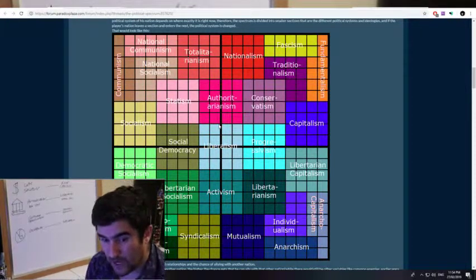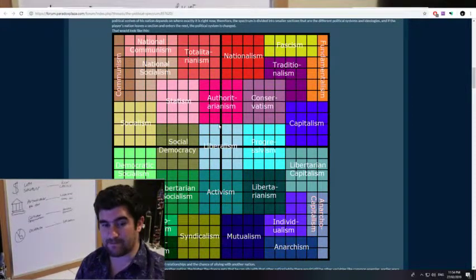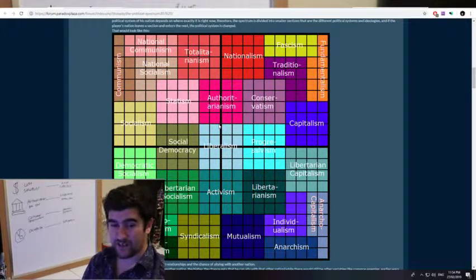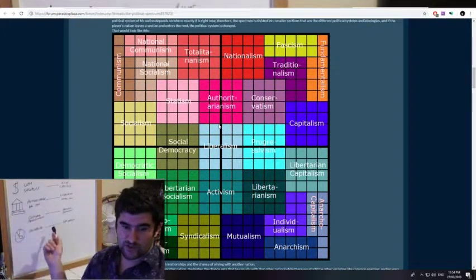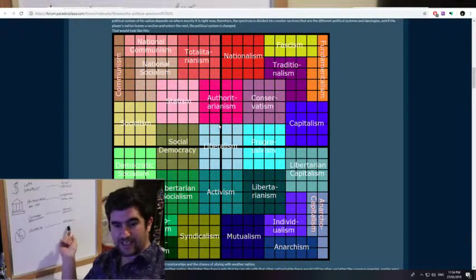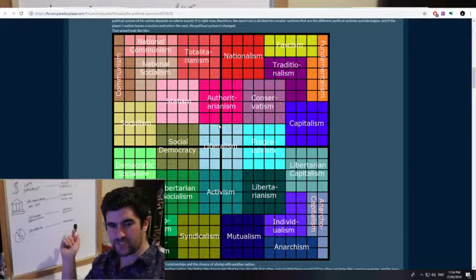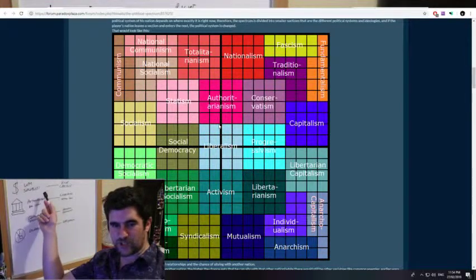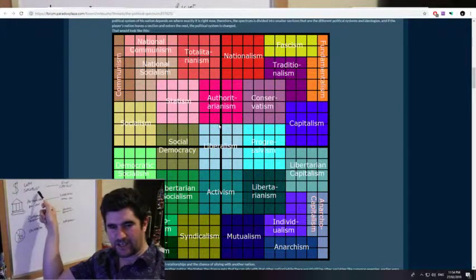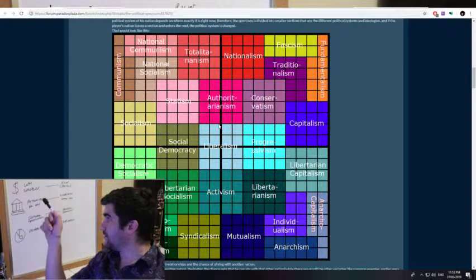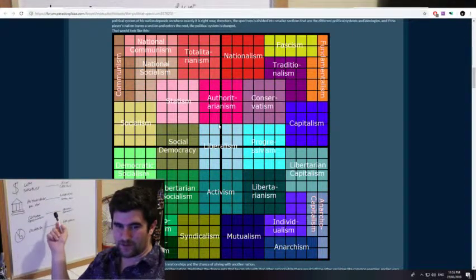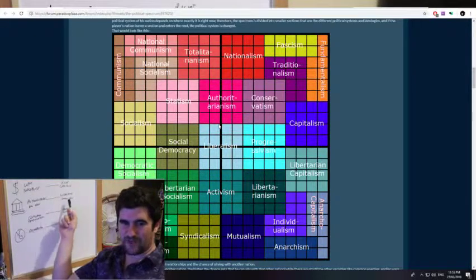You can mix and match your policies. You can be a socialist who wants a really strong state. You want a strong civic culture. You want to have a country with clearly defined borders, and you want that country to look after everyone inside and give them money. You can want them to do that in a very authoritarian way. You can want them to do that in a very libertarian way.